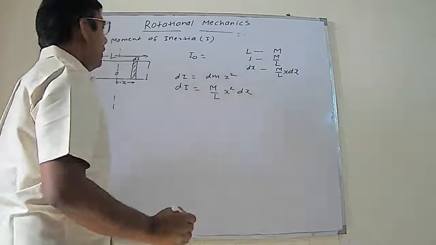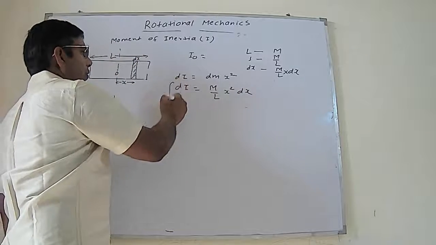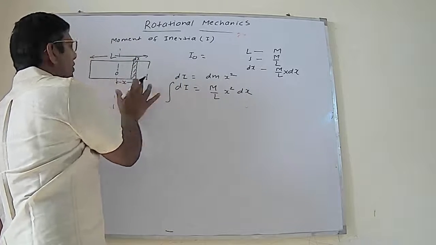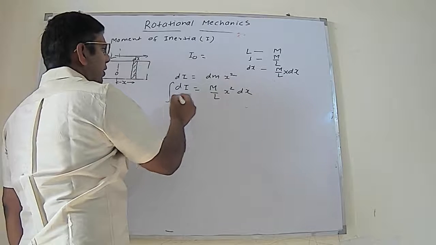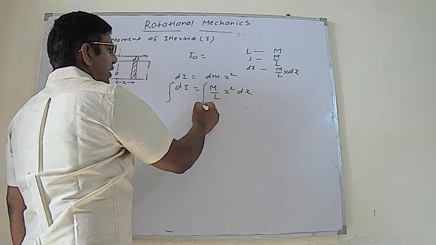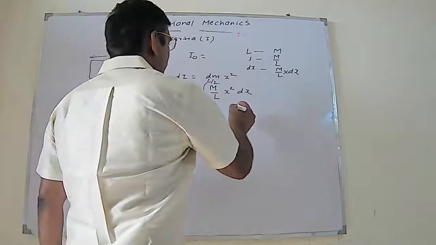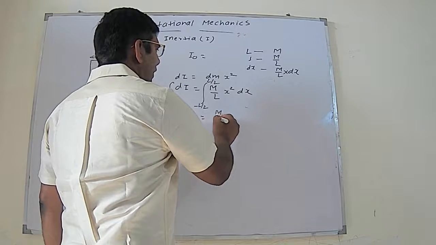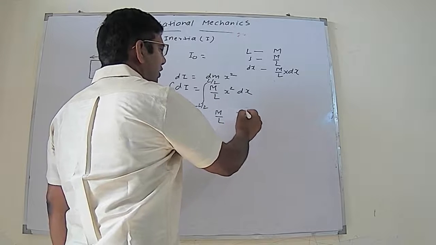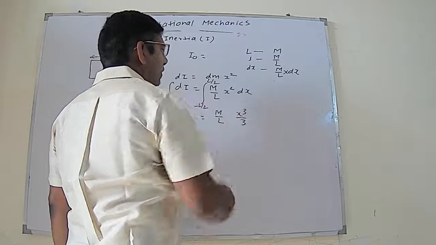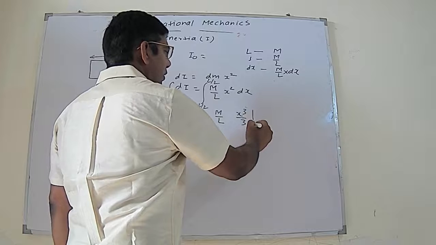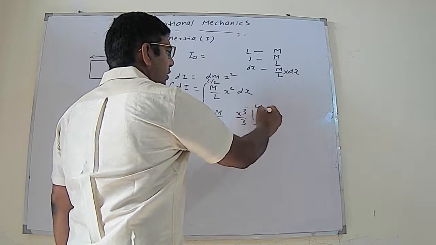Okay, so we can integrate it now because we have to take it for the whole system, from minus L by 2 to L by 2. m by L is the constant here, and if you integrate, it will be x cube by 3, from minus L by 2 to L by 2.